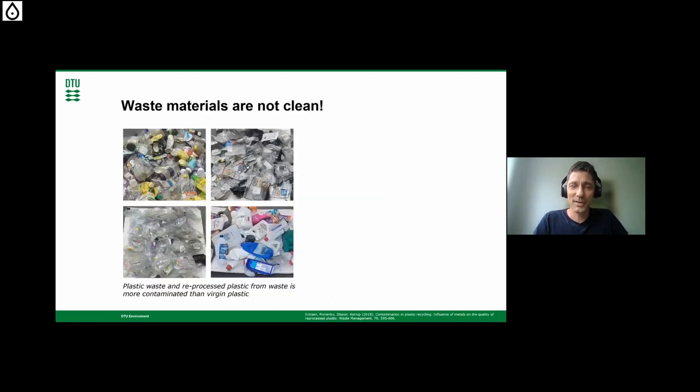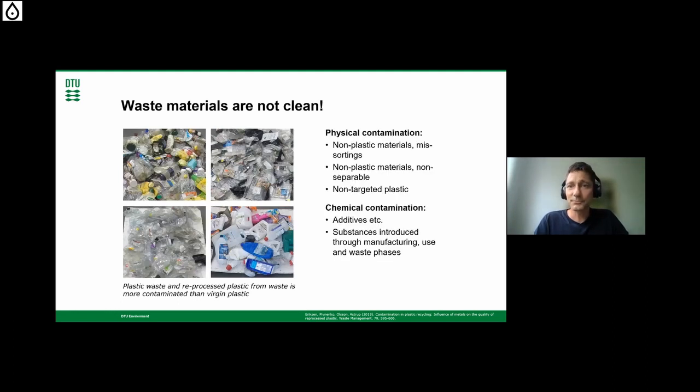Let's dive into the plastic a bit. In general, this is not only plastic as pollution, but of course this can be pollution. But even when we collect it for recycling, the plastic is not clean. There are different kinds of contamination. We divide this into physical contamination or chemical contamination.